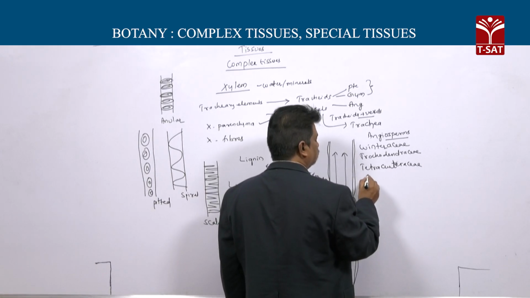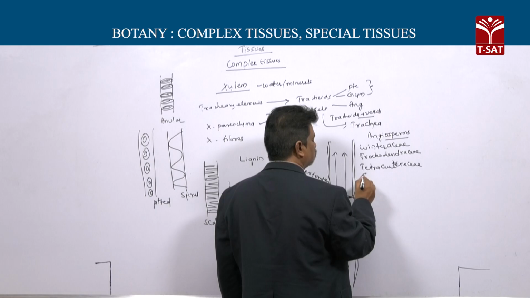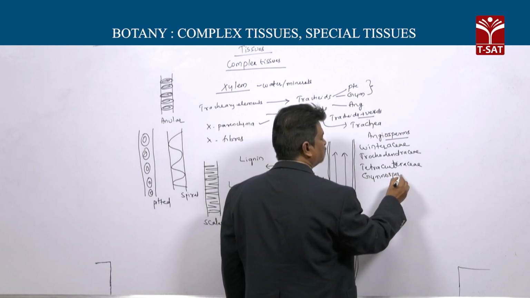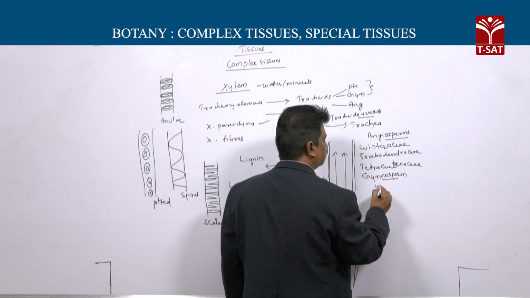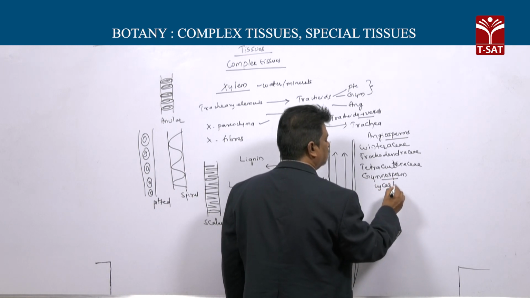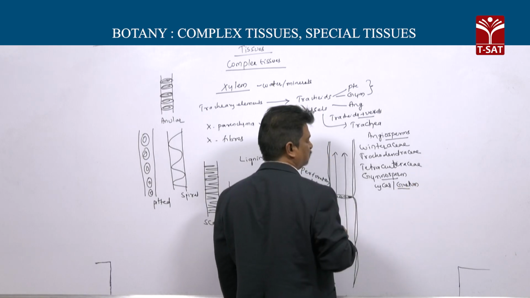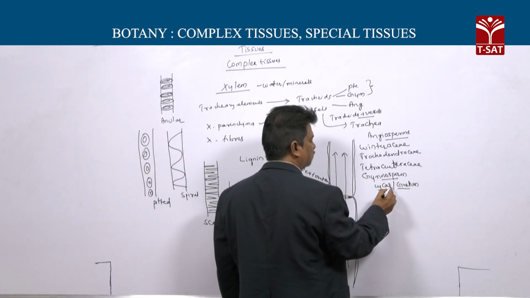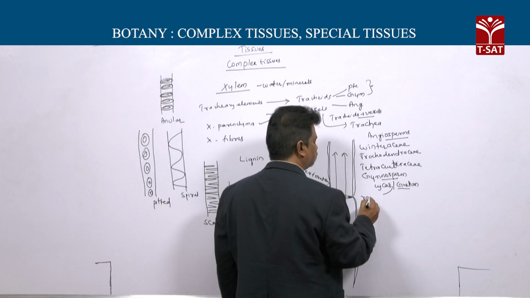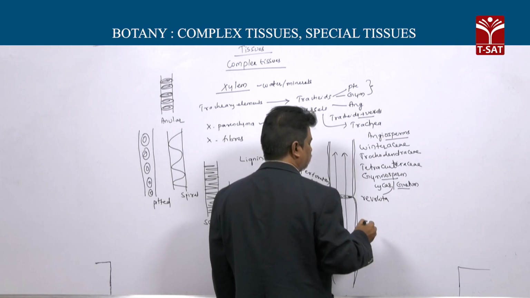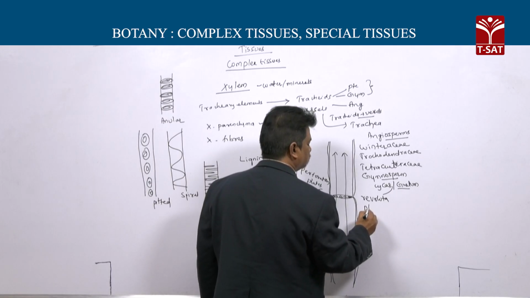Then vessels are absent in gymnosperms, but in some gymnosperms vessels are present. Not in all species. There is one species, Gnetum, in which vessels are present.